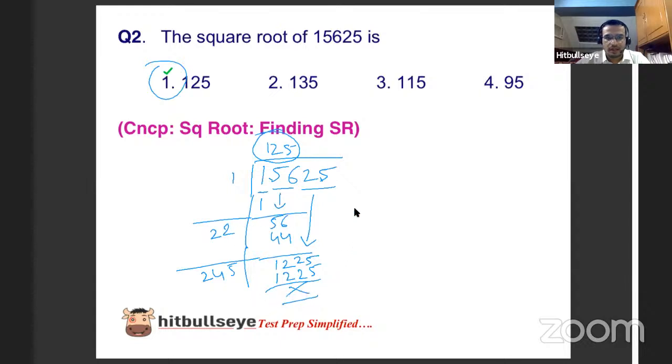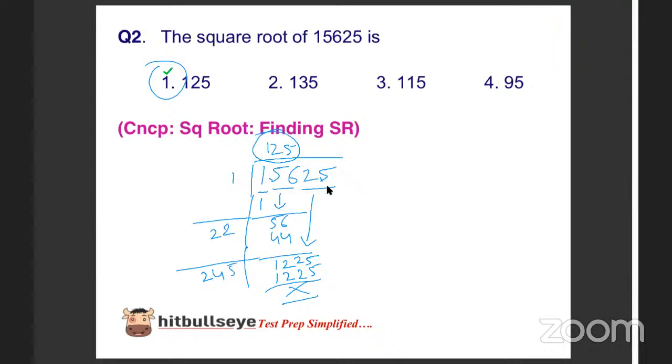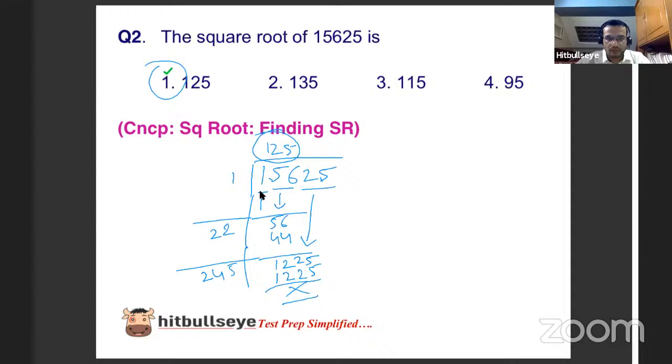Sure, Amrit. I'm not sure when you joined, but I can quickly explain the method once again by summarizing the same question here. So what we do is I write down the complete number. Then I start creating pairs from the right side. I take a pair of 25, then 56, and then 1. 1 is the last digit left with me, a single digit, so I have to take that only.